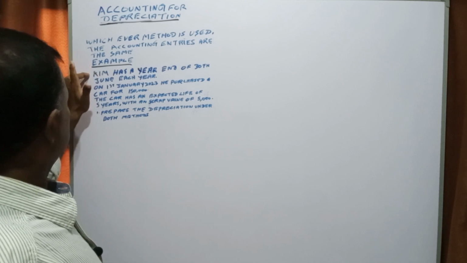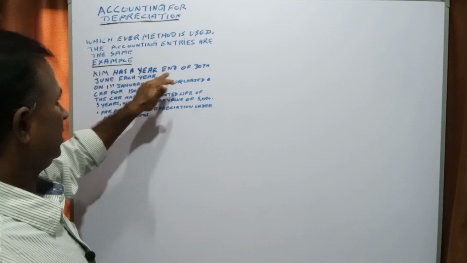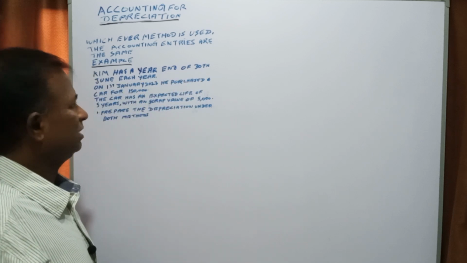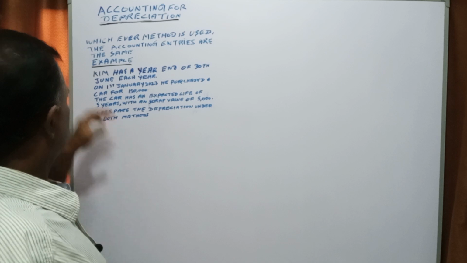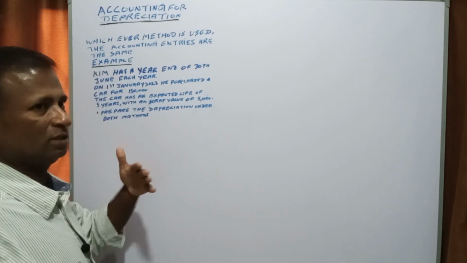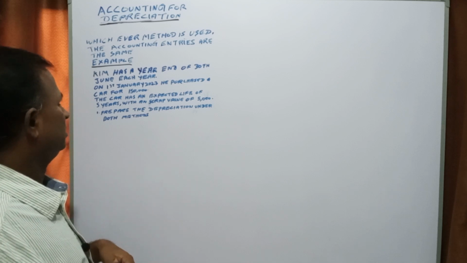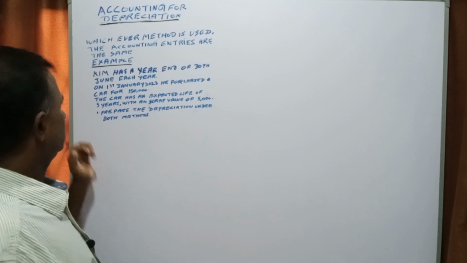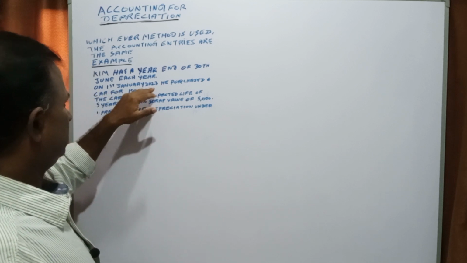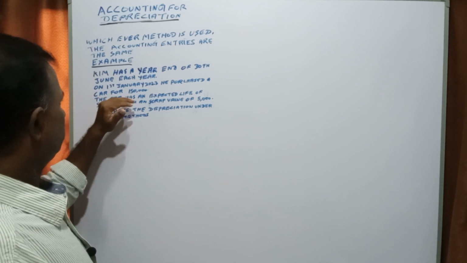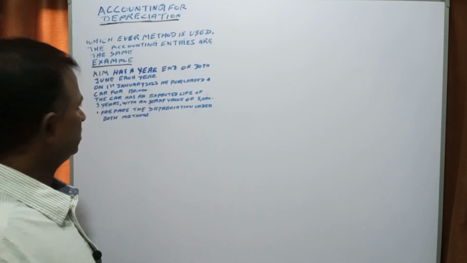Kim has a year end of 30th June each year. His financial year is ending at 30th of June. On the 1st January 2023, he purchased a car for 150,000.